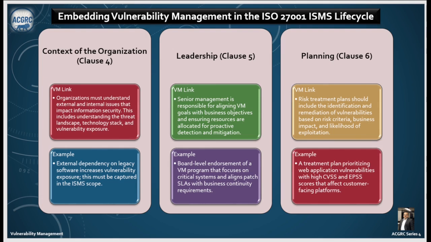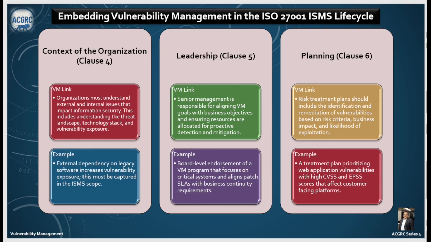Example, customers, regulators, partners, employees. Next is needs and expectations. In plain terms, it means what do those people or groups expect in terms of data protection and system security. The fourth is the scope of the ISMS. Which parts of the company, systems, or processes are included in your information security effort?